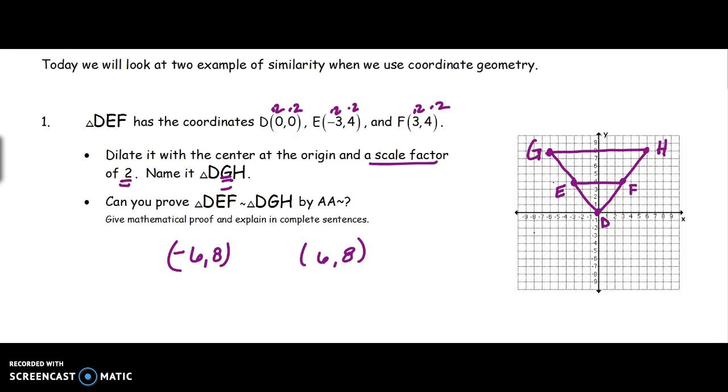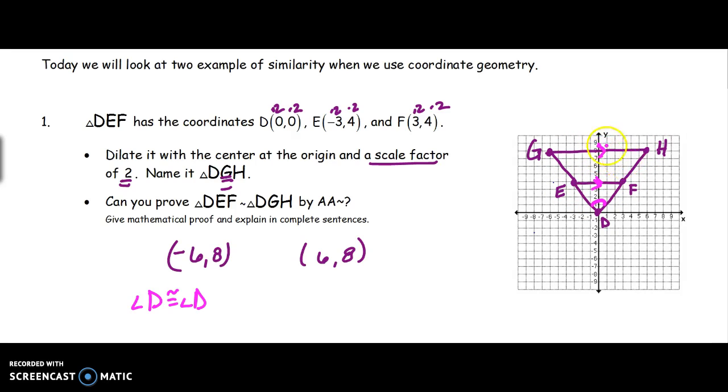Okay, it says, can you prove triangle DEF, which is the small one, similar to DGH by angle, angle? The first thing that we can say is that we have a reflexive angle. We can say angle D is congruent to angle D. What we also see is that GH and EF are parallel.